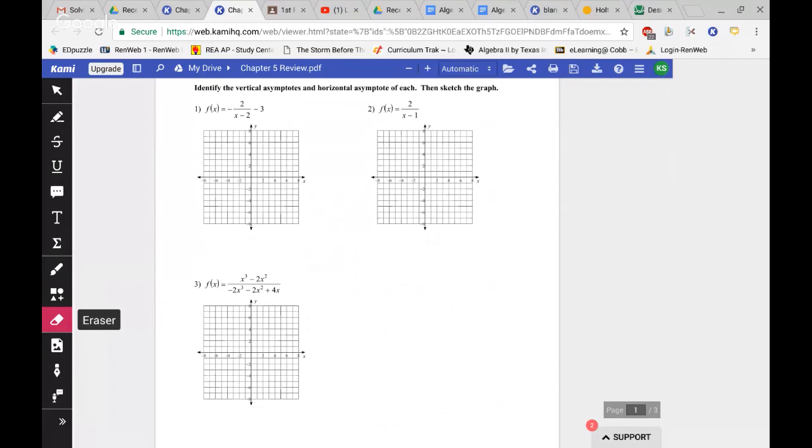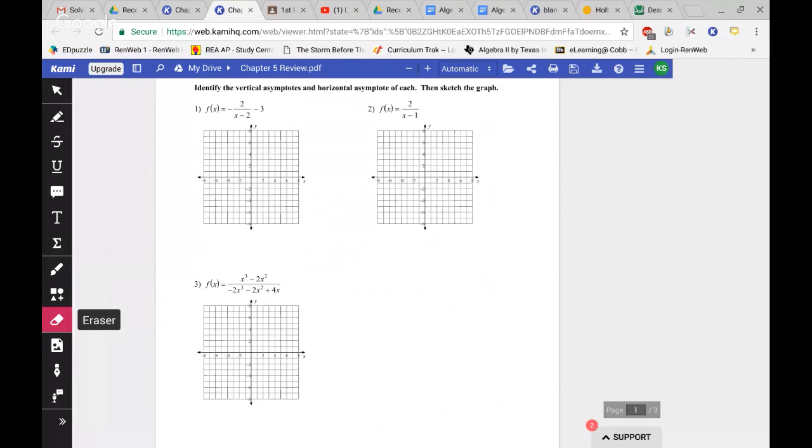The big thing when you're plugging these rational functions into your calculator in order to graph them is to make sure you're using parentheses. And almost using too many is worse than using not enough.